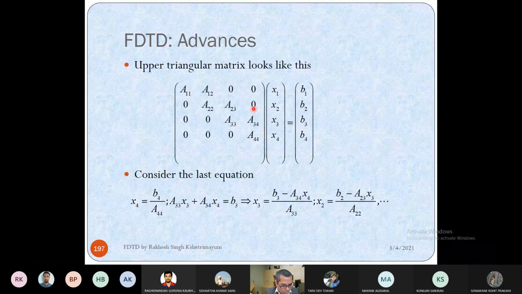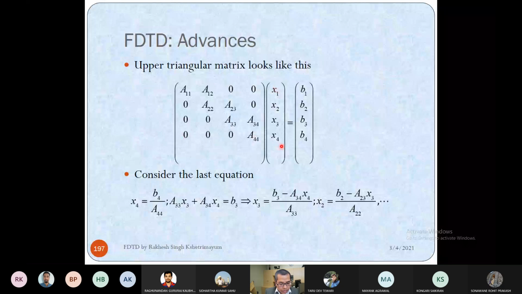So now how do I solve this kind of matrix? That's also very simple. Look at the last row here. You multiply this last fourth row with this vector here. What you get is A44 X4 is equal to B4. Then X4 is B4 by A44. So from this last row you can get X4. And look at this third row here. Multiply this third row with this vector here.